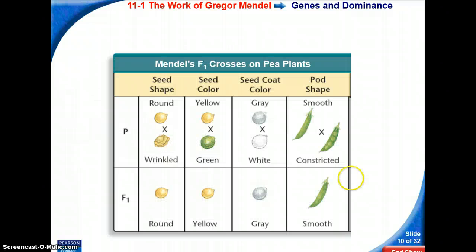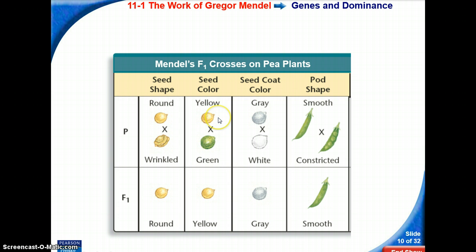So here's some of the traits that he was looking at. He was looking at seed shape, seed color, seed coat color, pod shape. And what he found was if he had a round and a wrinkled seed, the offspring generation, that first filial, would always be round.